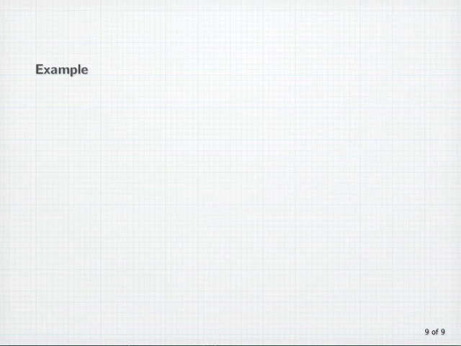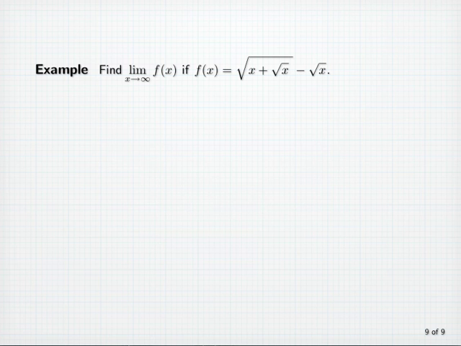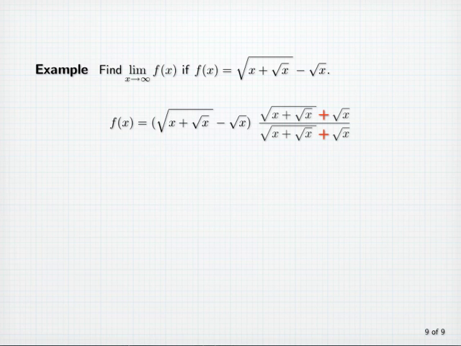One final example. Let's find the limit as x goes to infinity of f of x if f of x is equal to the square root of (x plus the square root of x) minus the square root of x. The first thing we'll do here is multiply our function by a fraction whose numerator and denominator are both equal to the same expression that defines f except with a plus sign between the two terms.